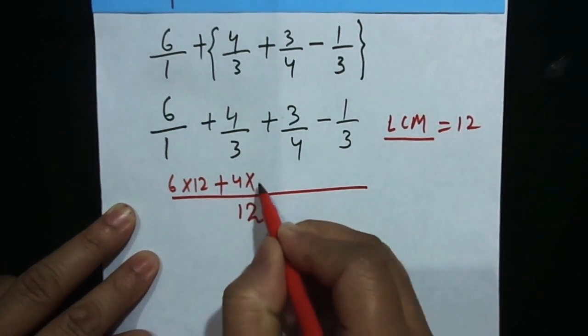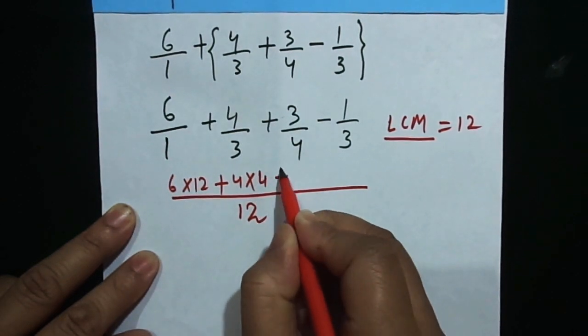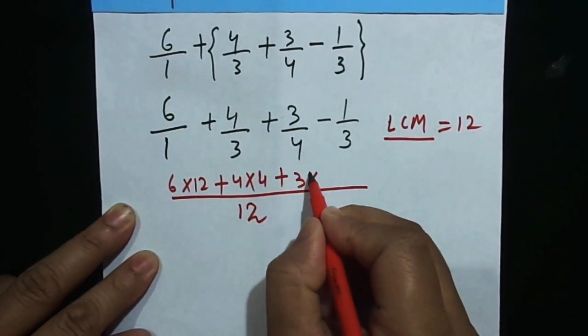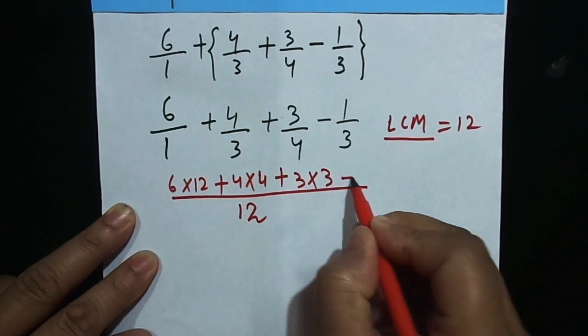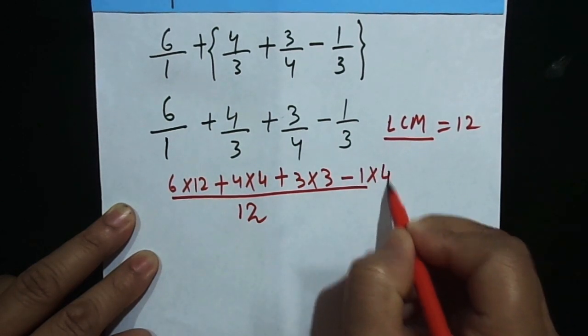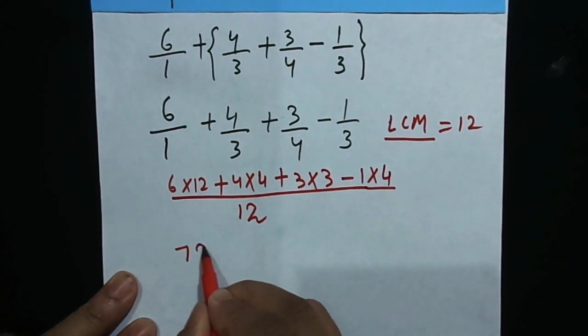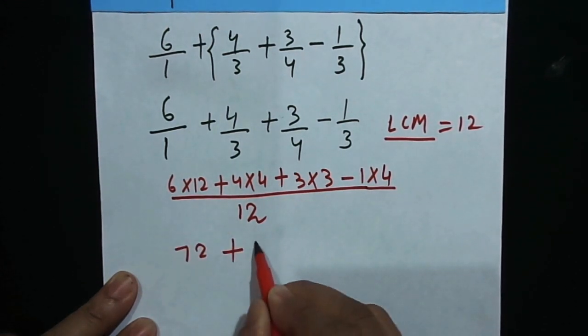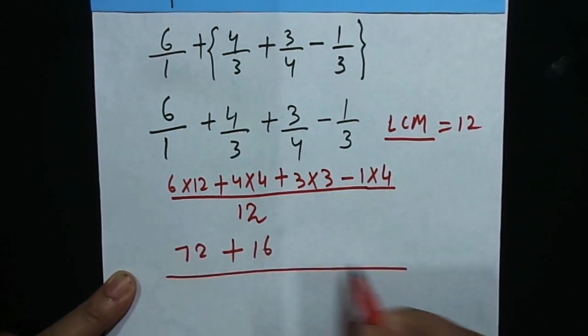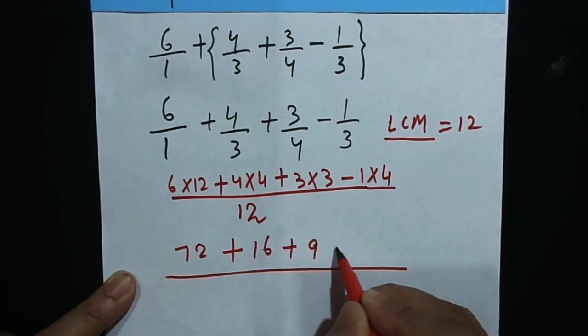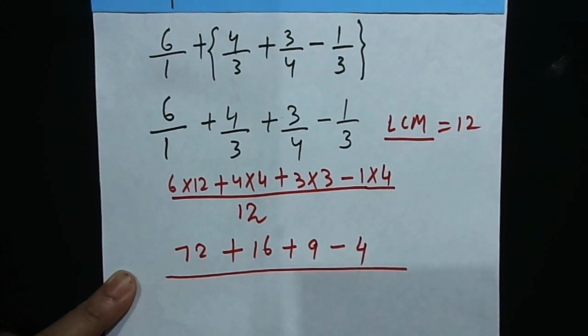So 4 times 4 plus 3 times 3 minus 1 times 4. Let's multiply. So here we have 72 plus 16 plus 9 minus 4.